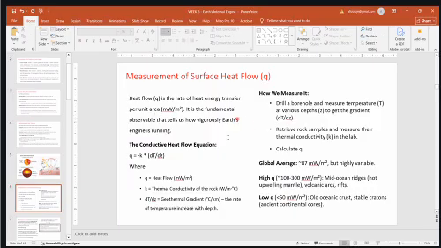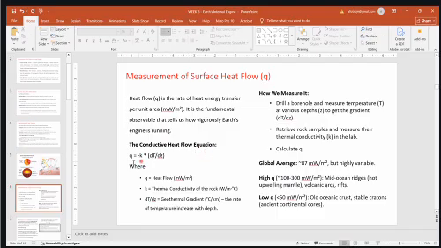It is a fundamental observable that tells us how vigorously Earth's engine is running. Meaning that if the Earth is very cool, it's not in motion, there's no flow. But when it's hot, it shows that the Earth is really in motion.